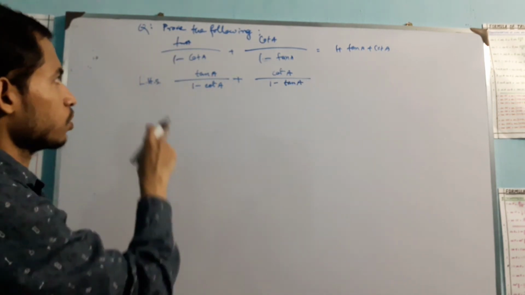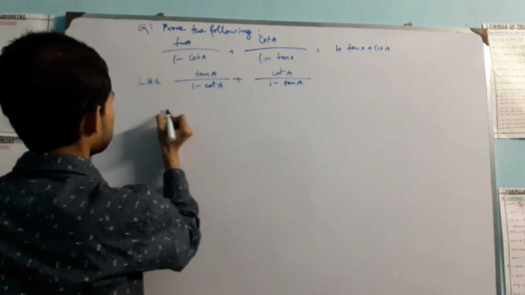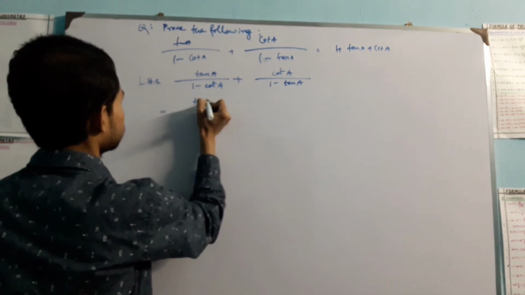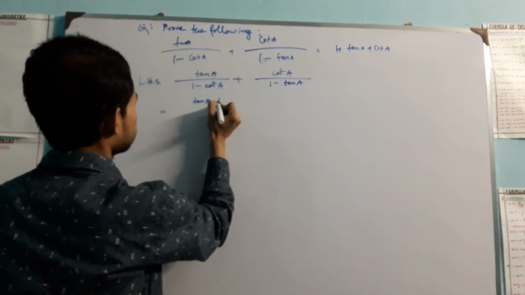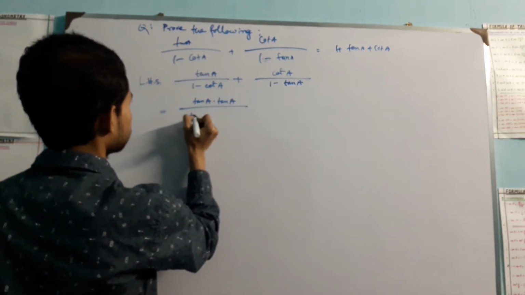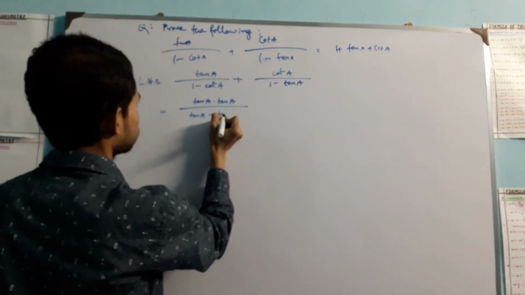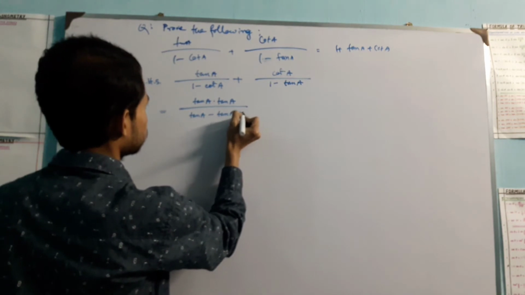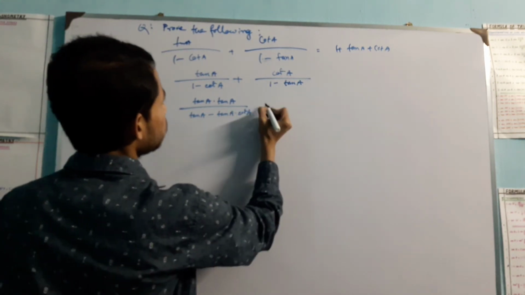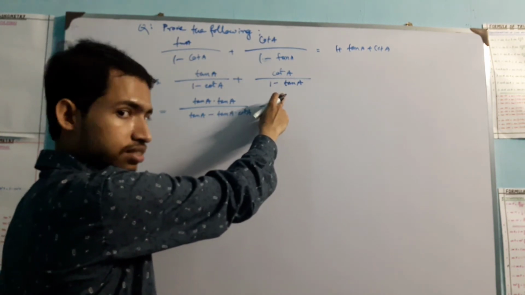Now multiplying both the numerator and denominator by tan A, we get this. We are taking the common term minus 1 from the denominator of this term.